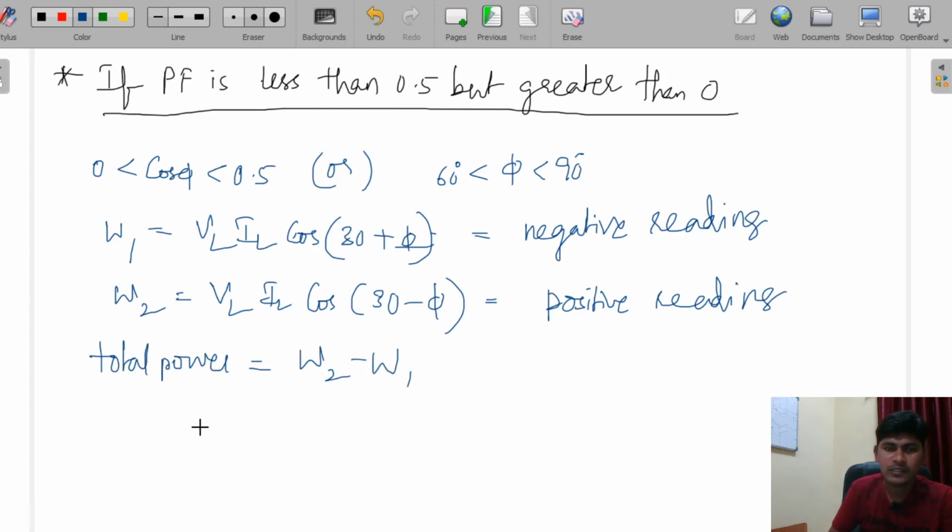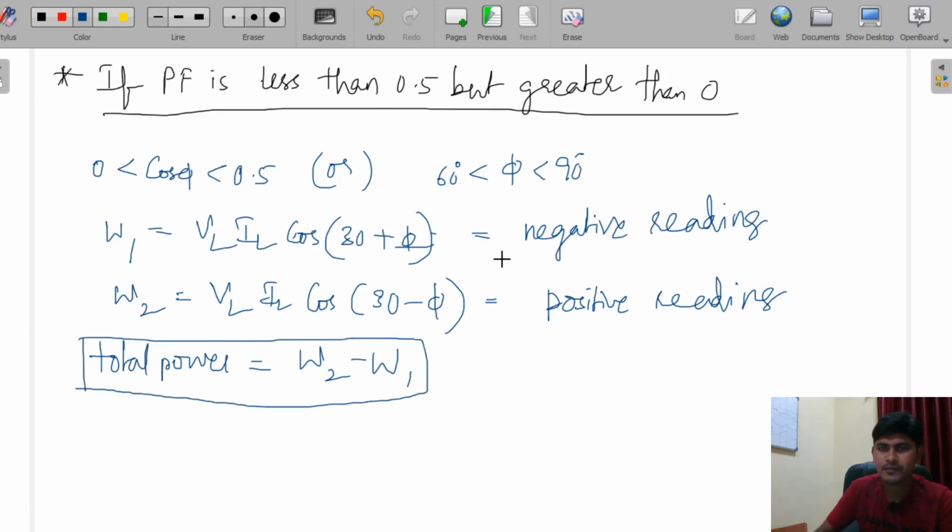Now here, as you are getting a negative reading, it is difficult to get the reading from the wattmeter, because you are going to have the scale like this. This wattmeter gives only a positive reading.